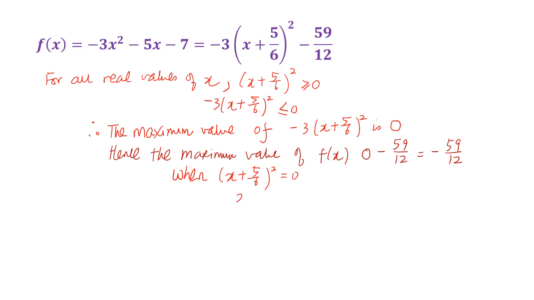Solving it, you get x equals negative 5 over 6. So therefore, the maximum point of this function would be negative 5 over 6, negative 59 over 12.